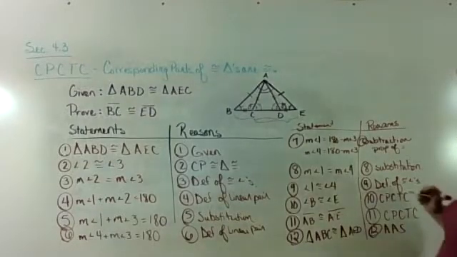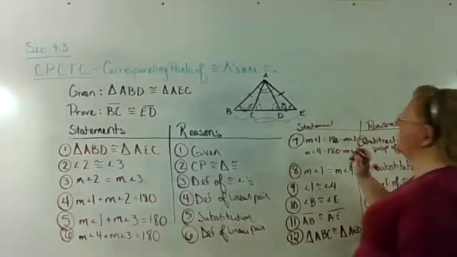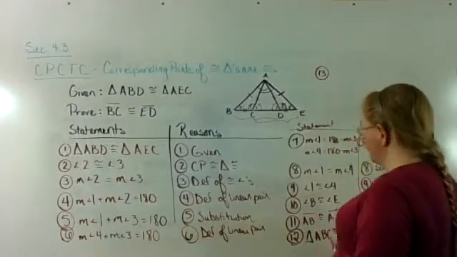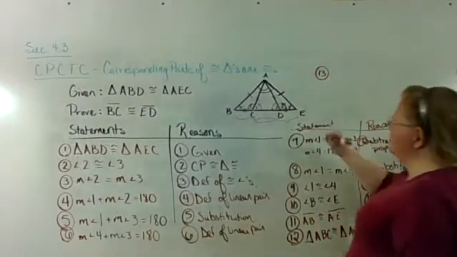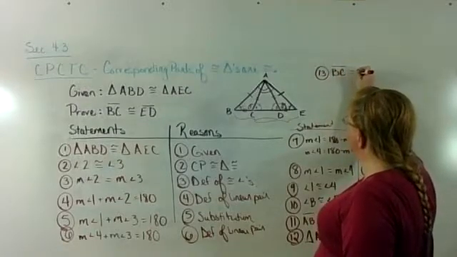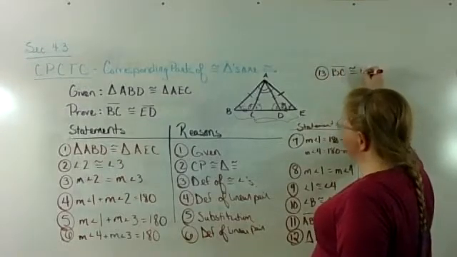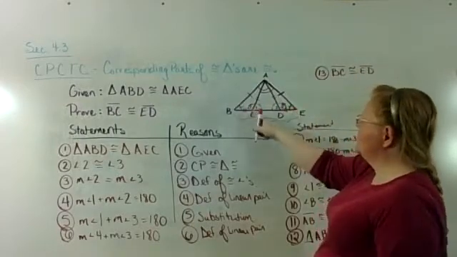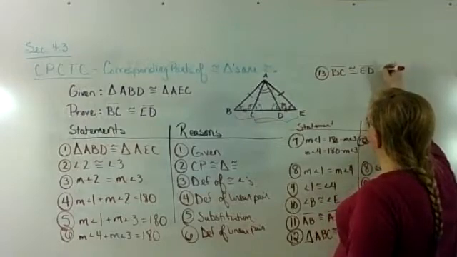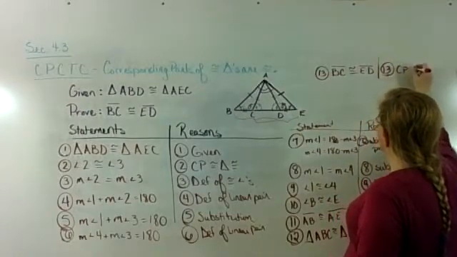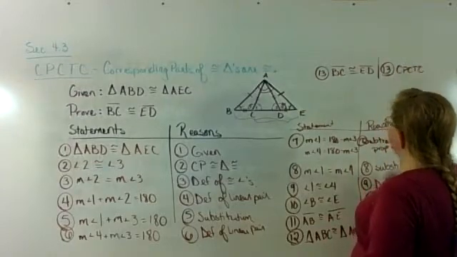Now, step 13. Since I have that, that means that BC is congruent to ED, which is how they had me do it from the right angles. And the reason for that is corresponding parts of congruent triangles are congruent.